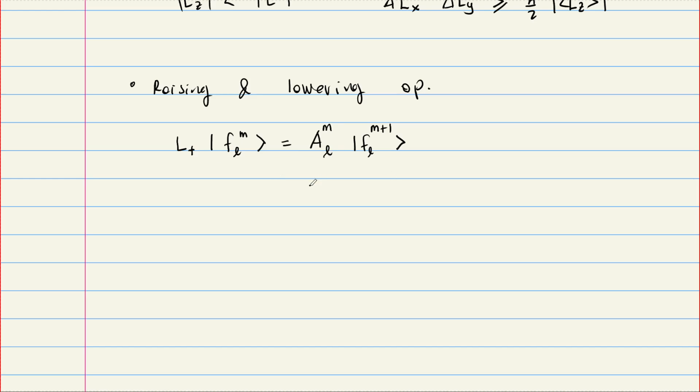In the case of the harmonic oscillator, this one was, for example, the square root of n plus 1. And I want to obtain the same thing here. And the second is, if I do exactly the same thing for L minus, and let's call this B.